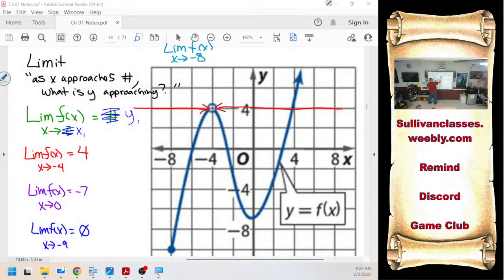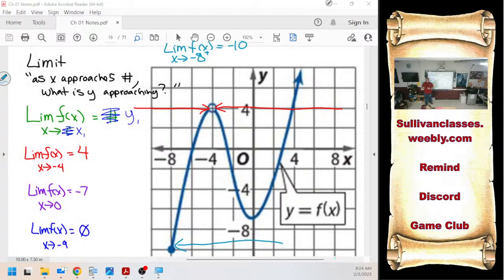So what we do is say -8, and then I'm going to put a little positive up here to say I'm approaching it from the positive side. I'm approaching it from the right side. And in that case, if I come at -8 from the right side, I can still say it gets real close to what? -10, watch scale. But I have to put that little plus on there to say I'm approaching it from the right side.